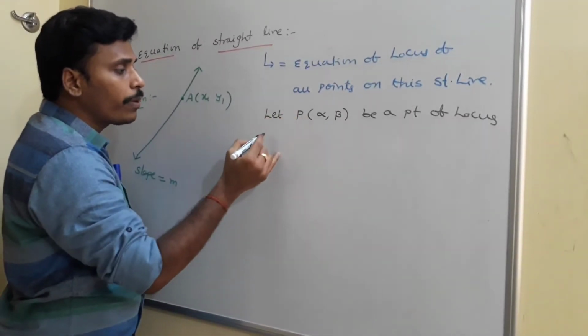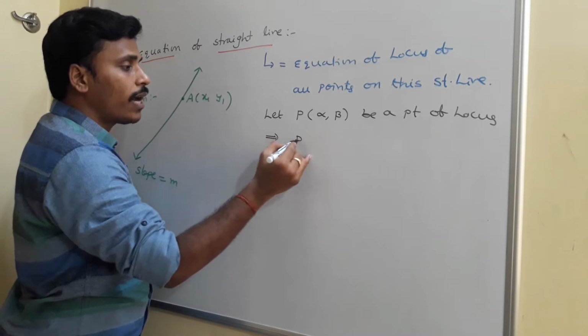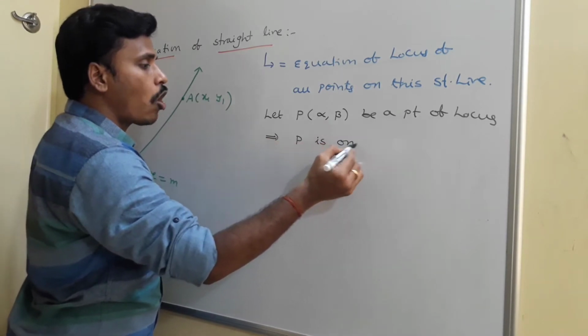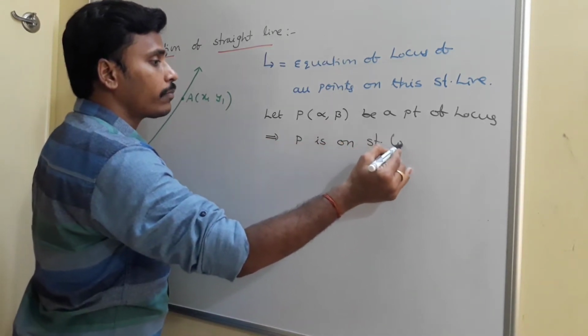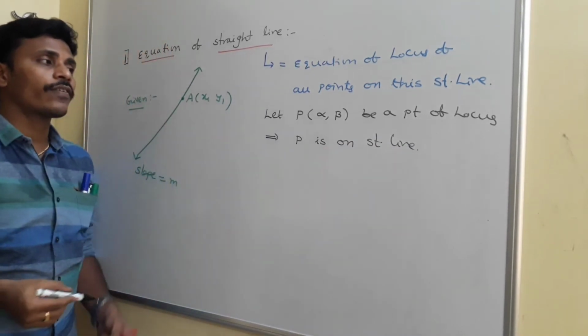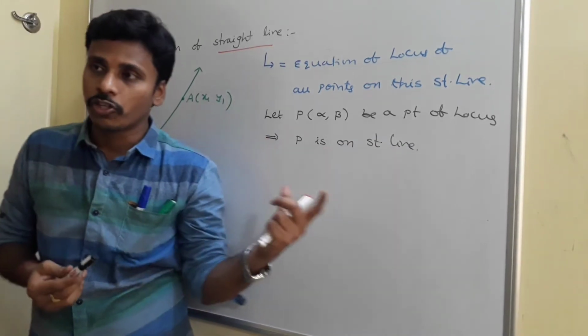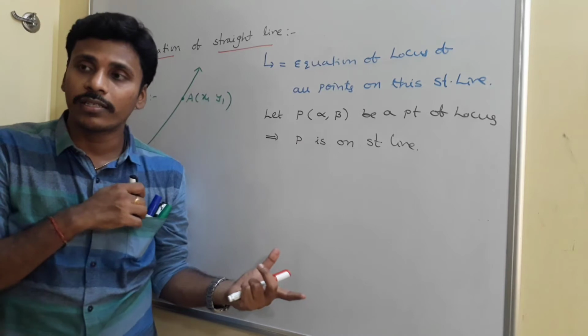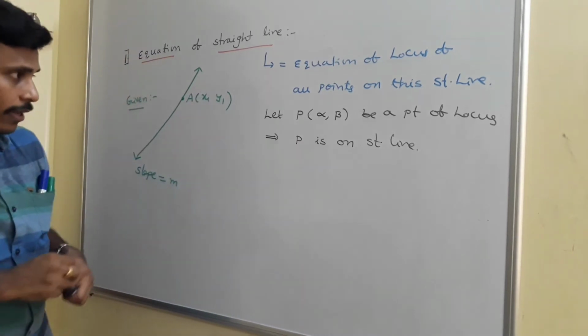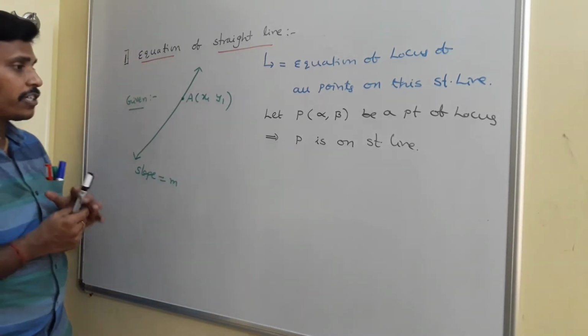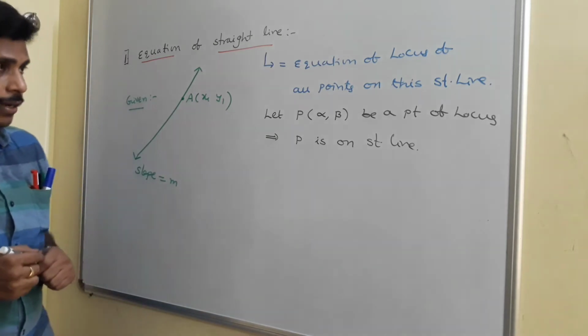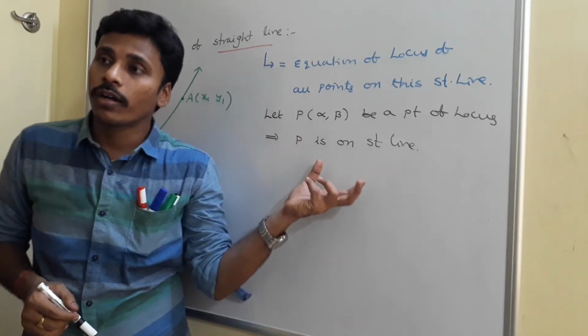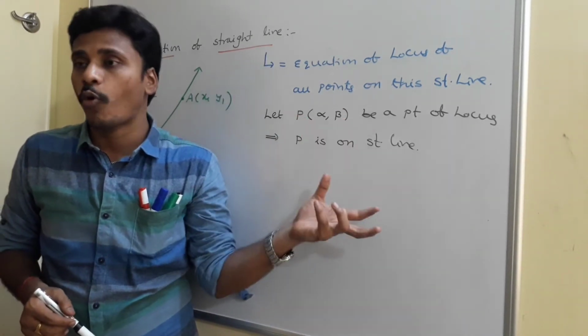Since P is a point of the locus, that implies P is on our straight line. As per the given information, A is a point on the straight line. But to find the locus, we took P as an arbitrary point on the line.